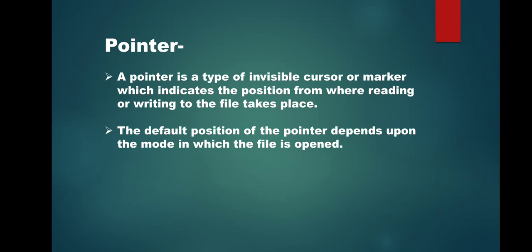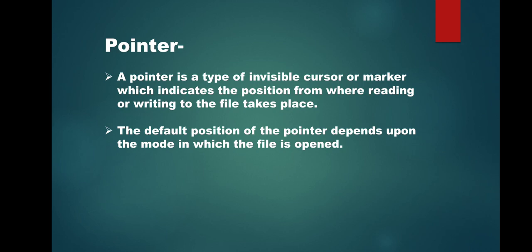A file pointer is a type of invisible cursor or marker which indicates the position from where reading or writing to the file takes place. You have already noticed in MS Word, when you open MS Word and you create a document, a blinking cursor.